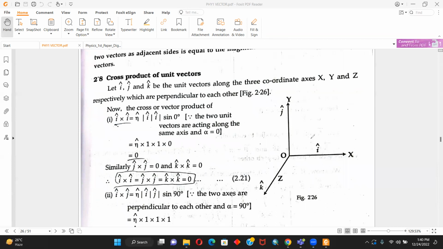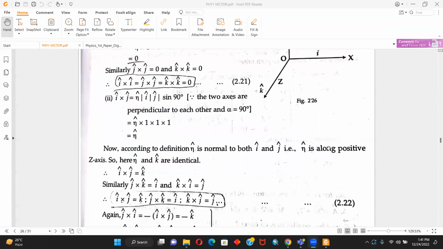See, i cap is the first vector and j cap is the second vector. So we are going in the anti-clockwise direction, right? Yes. So that is why it will go upwards, and that is what they have said as positive z-axis. Along the positive z-axis.